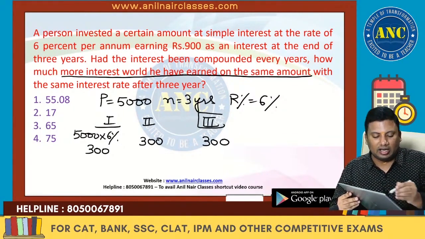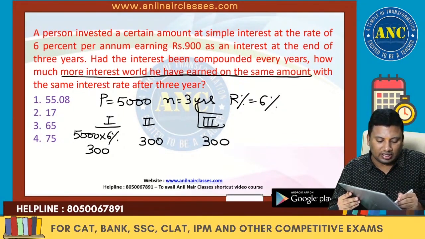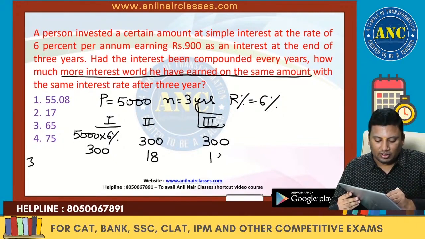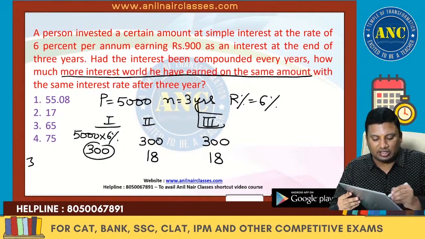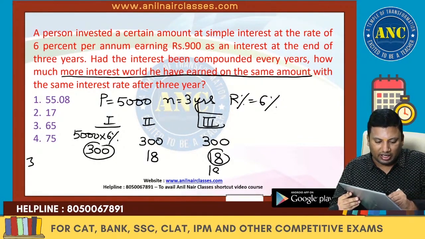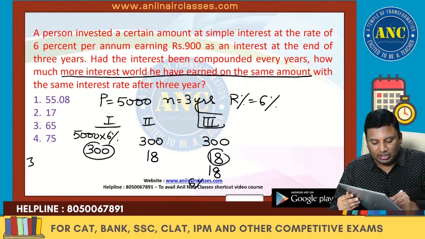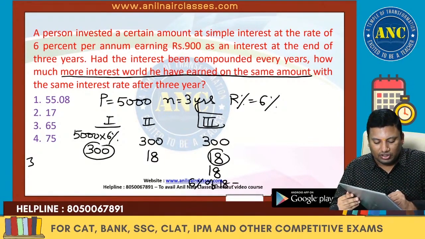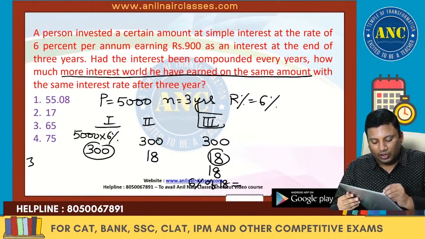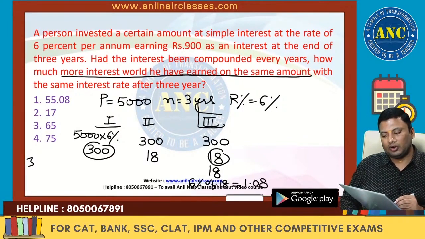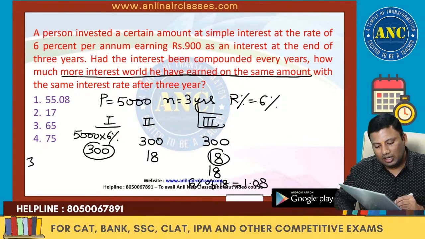I hope it is clear. 6% of 300 is nothing but 18. Here also it is 18. For this 300, 18. For this 300, it is 18. Next one, 6% of 18, which is 1.08.